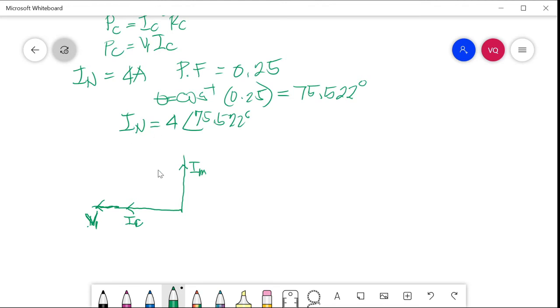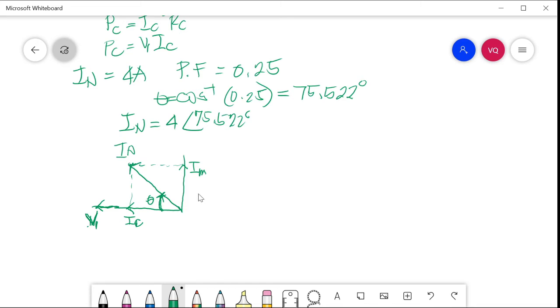Our no load current is the sum of IC and IM vectorially. Nandito yung resultant niya na 4. And this angle is the power factor, so it is the angle between IN and the V1. Ito, angle theta. This is the power factor of V1 and IN.